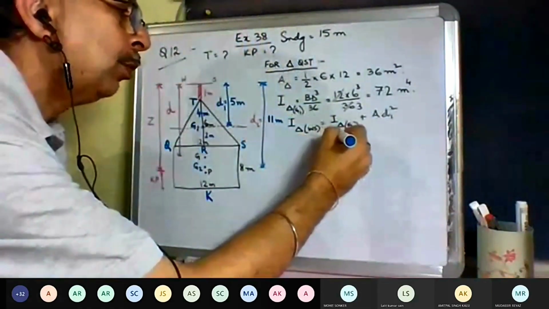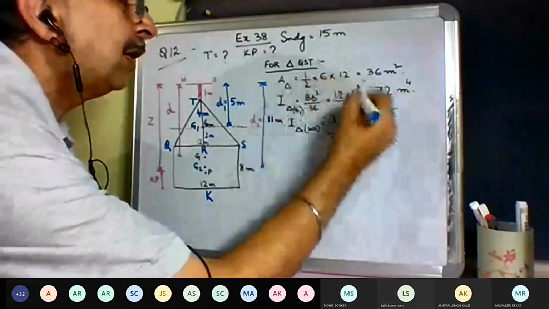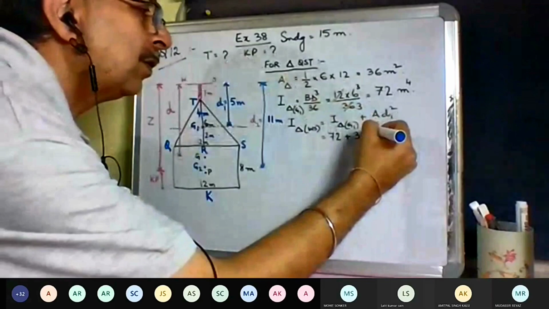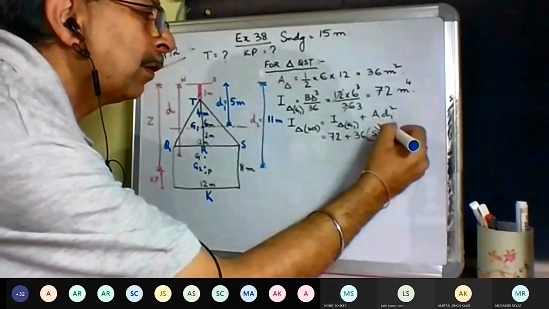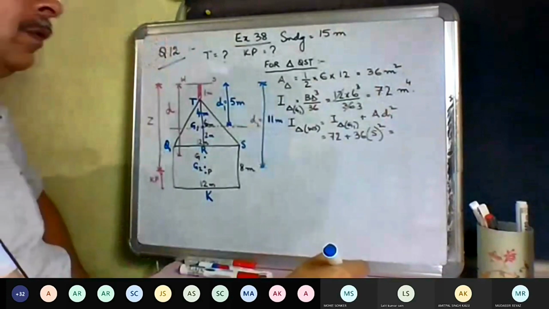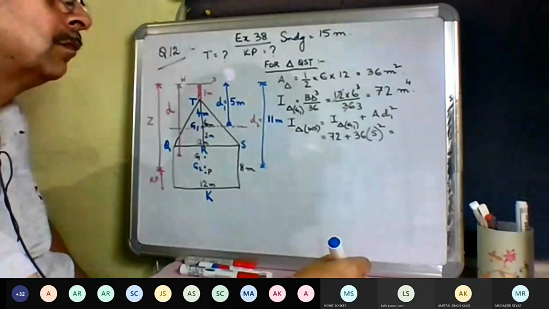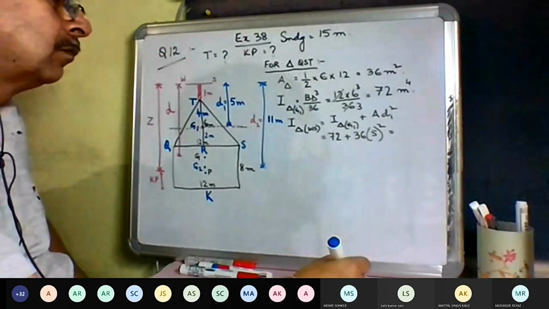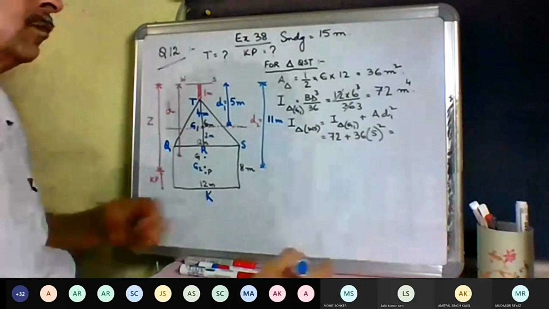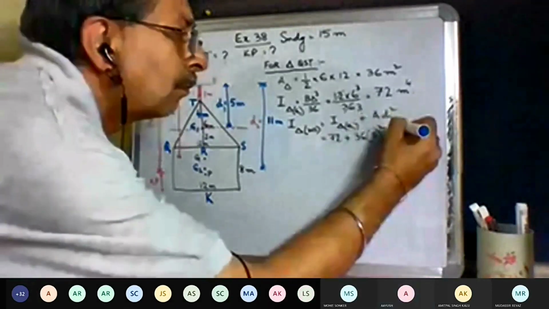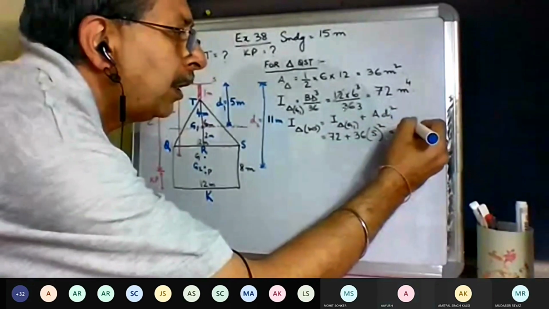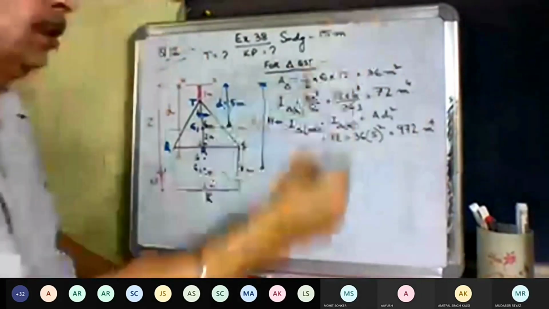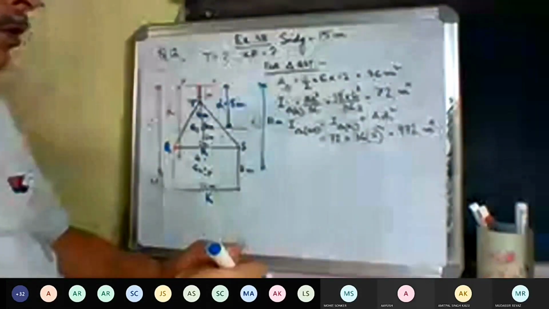So 72 plus area of the triangle 36 into D1, which is 5 square. 972 meters to the fourth. Any doubt till here?